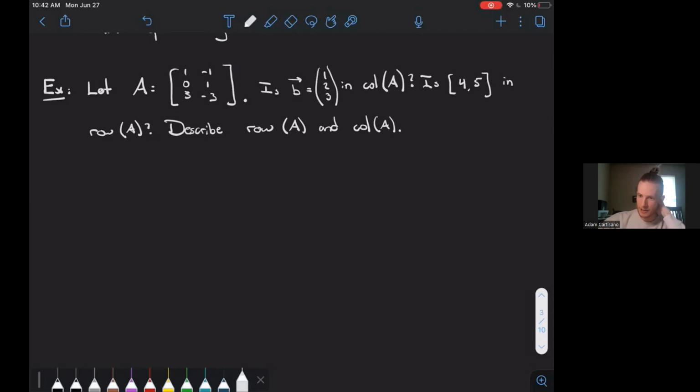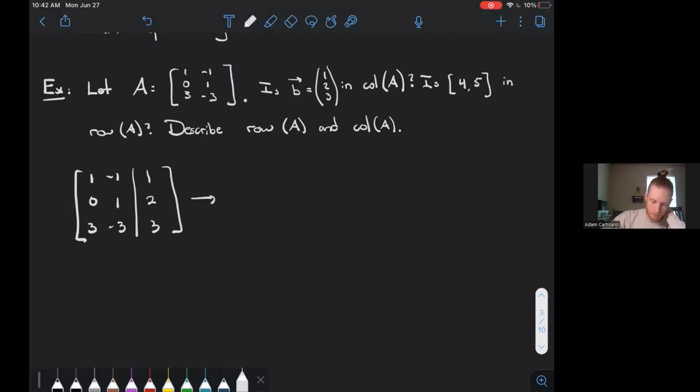So I'm going to do this with a couple techniques. First of all, let's look at the augmented matrix 1, 0, 3, negative 1, 1, negative 3, augmented with 1, 2, 3. If you row reduce this, you can row reduce it all the way. If you do, you'll get 1, 0, 0, 0, 1, 0, 3, 2, 0.